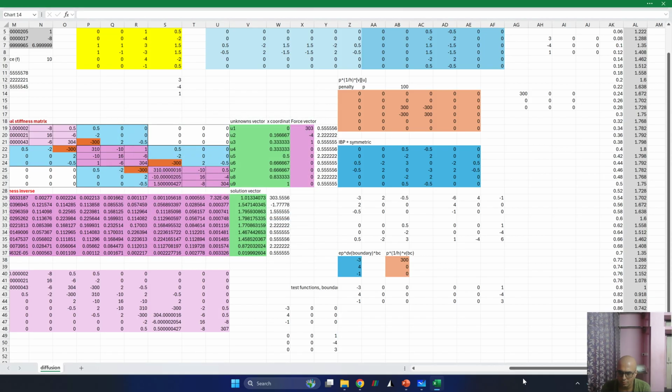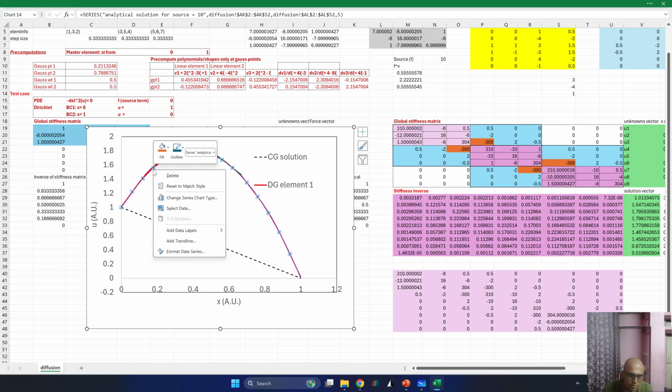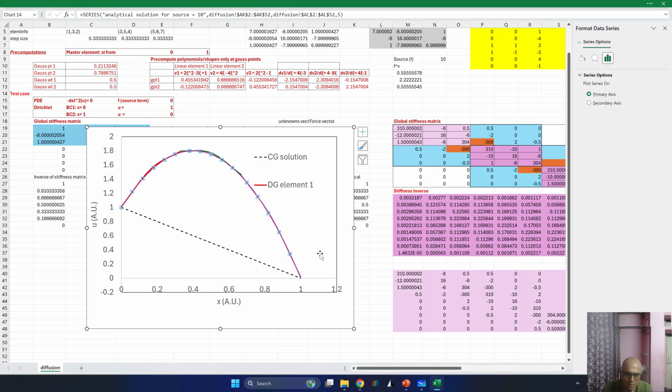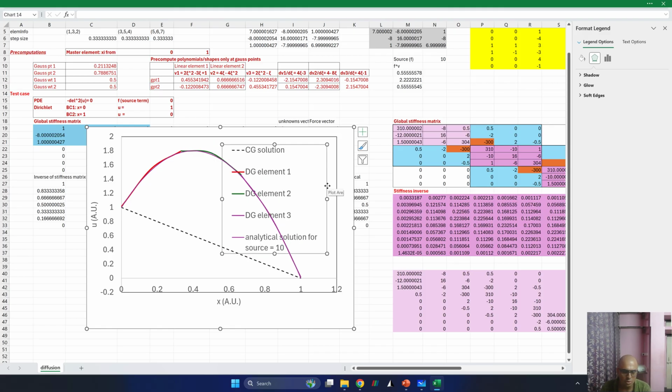As you can see, both of them are very close. This is our analytical solution and this is our DG solution, these three elements. So this is the symmetric interior penalty method which we use for assembling our DG solution.